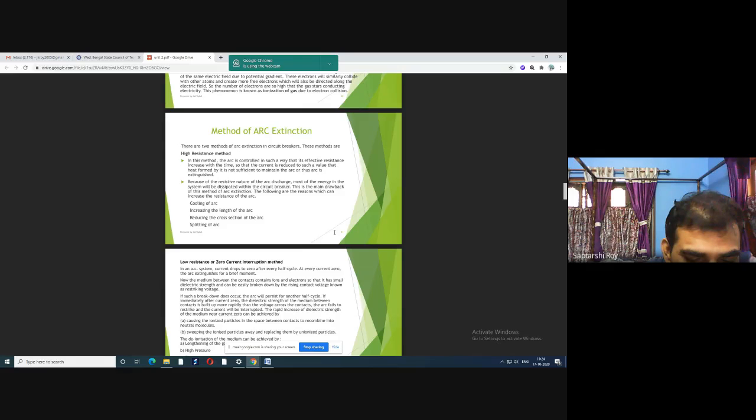Then reducing the cross section of the arc: the cross section can be reduced by having a small area of contacts or by letting the arc pass through a narrow opening. Then splitting of the arc: the resistance of the arc can be increased by splitting the arc into a number of small arcs in series.